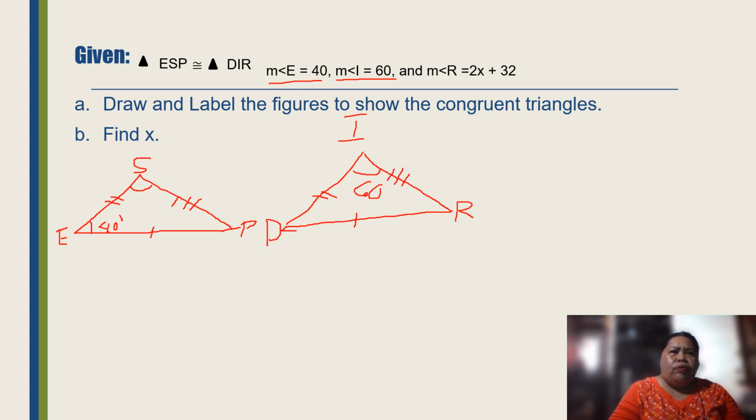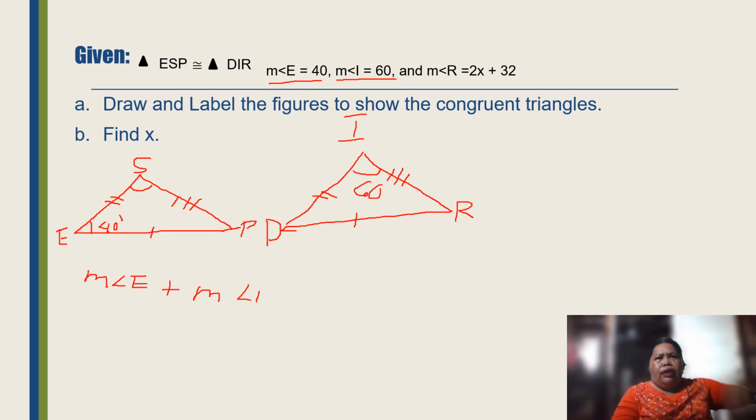This angle here is also 40, angle D, because they correspond to each other.